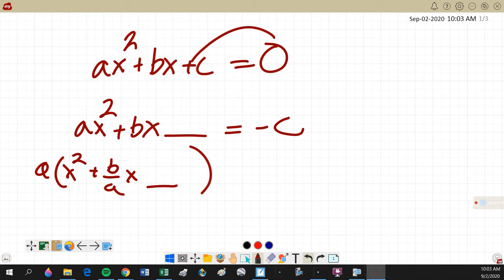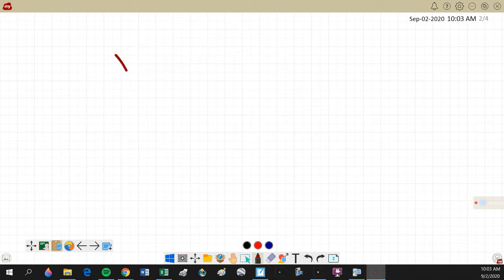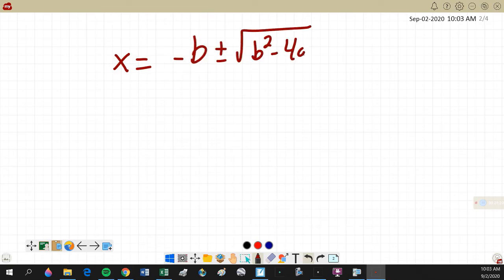And when you get done, you're left with the quadratic formula, so that formula contains all of the steps of completing the square for every possible quadratic in existence.